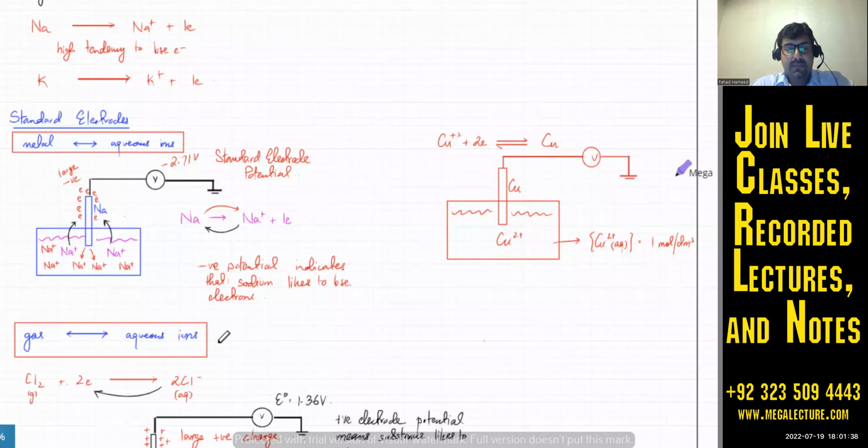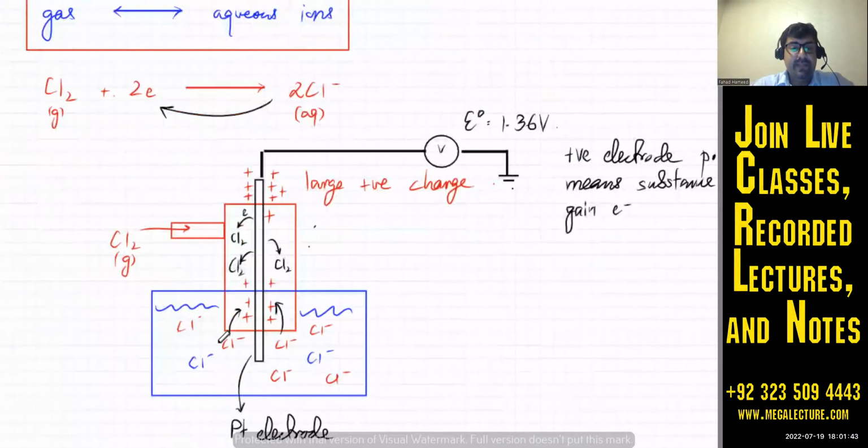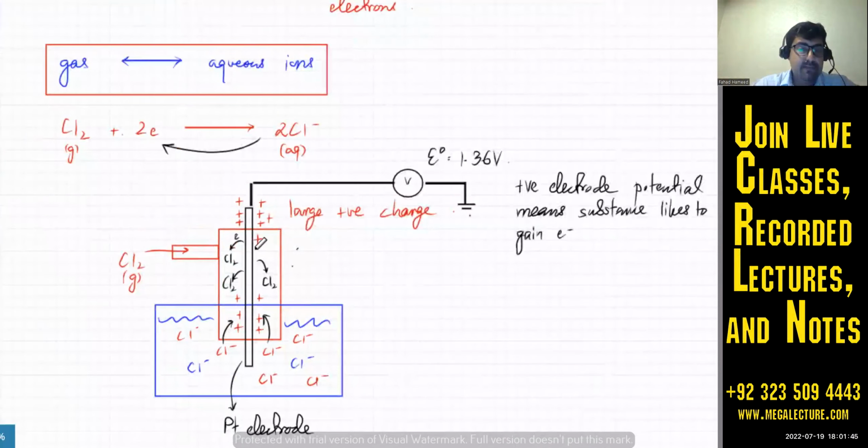And then we did this other one, which is, what if you have a gas in equilibrium with aqueous ions? You need a platinum electrode. You always mention this when you're drawing the diagram in the paper, we'll do past paper questions. The Cl2 has to be at 1 atmosphere pressure, standard conditions.